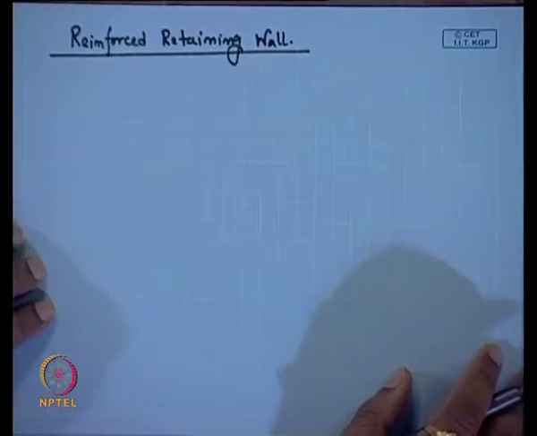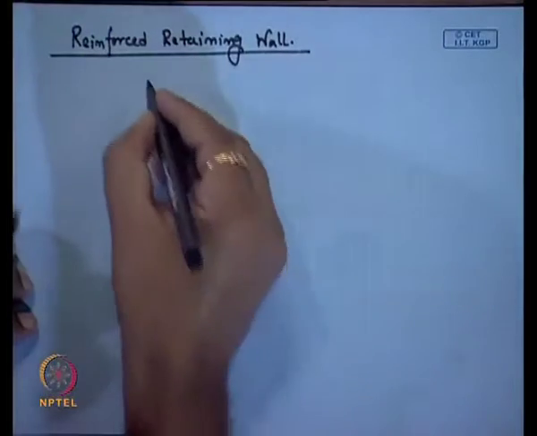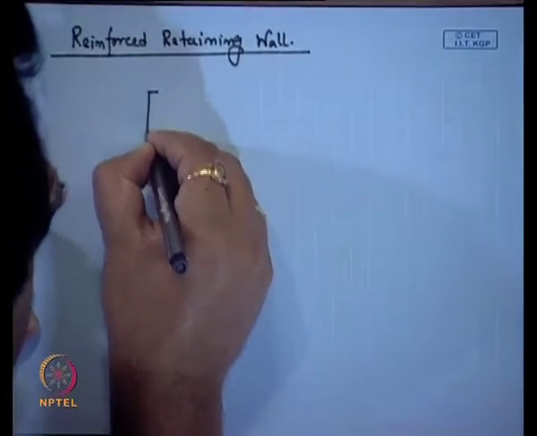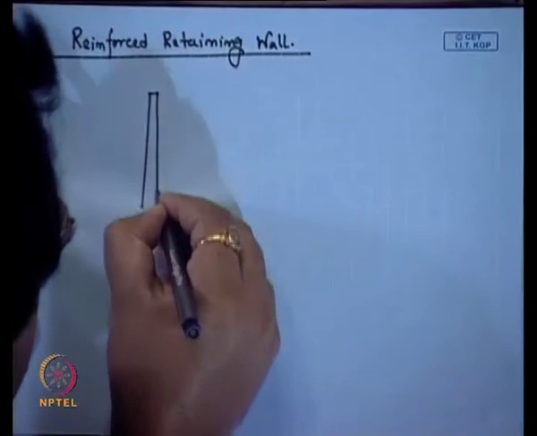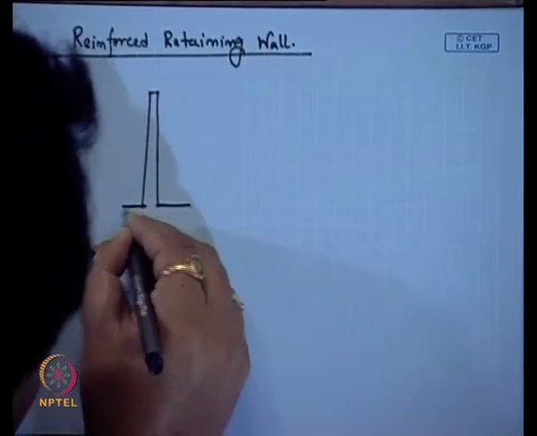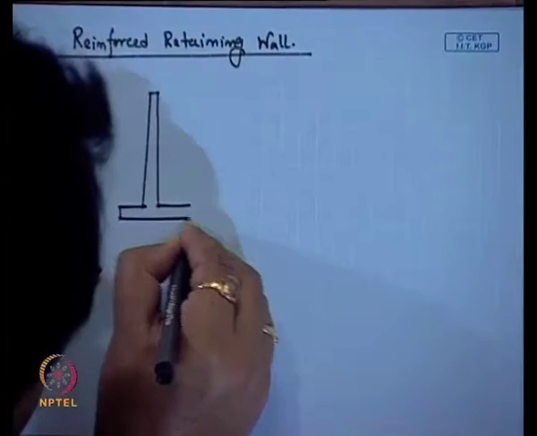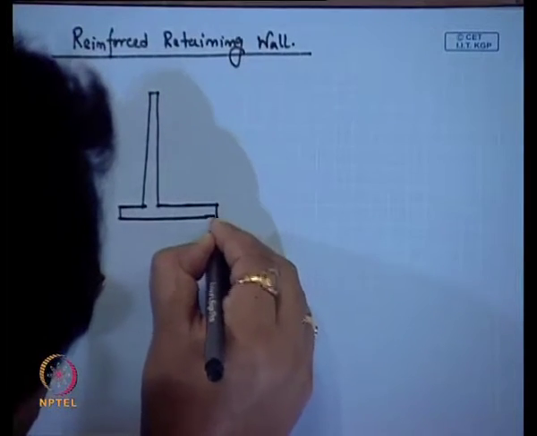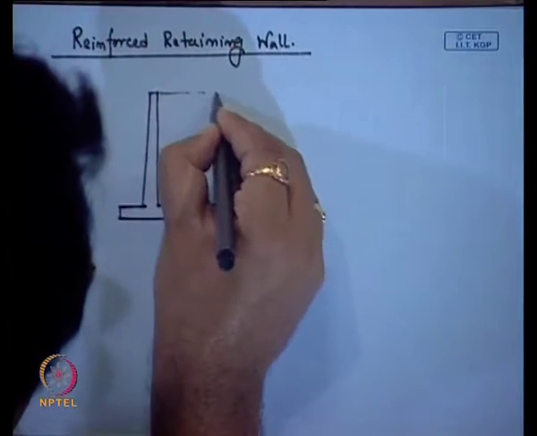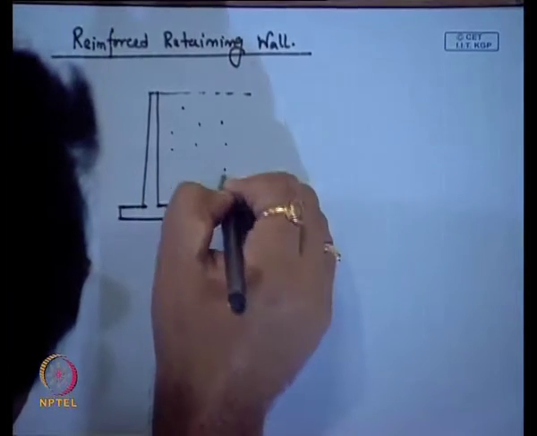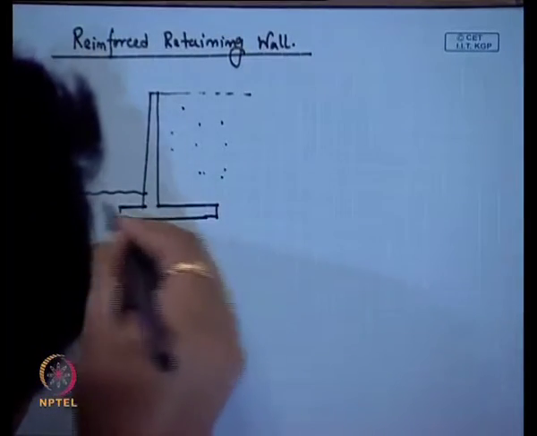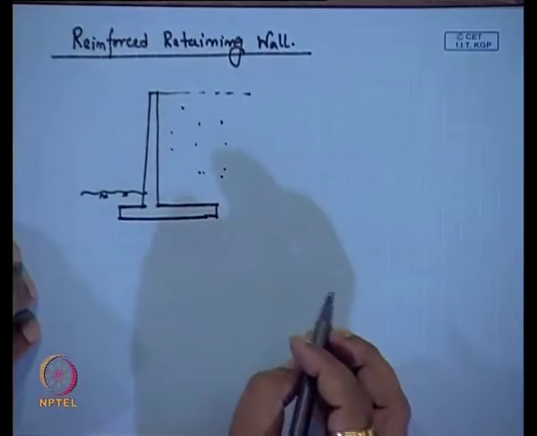Now, for this reinforced retaining wall, suppose this is a cantilever retaining wall. The soil is filled on this side, and this is the existing soil or foundation.